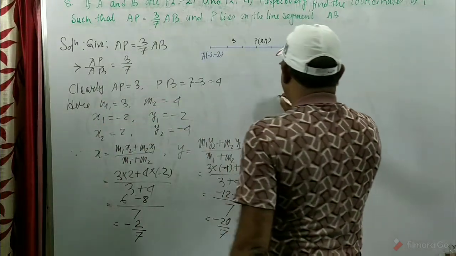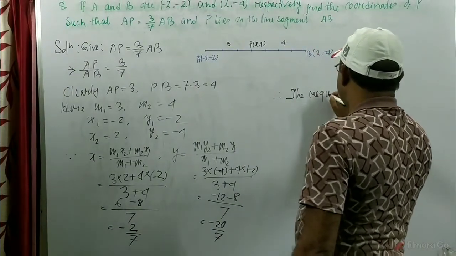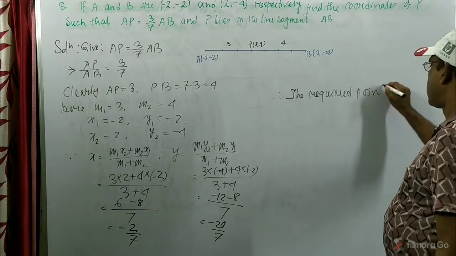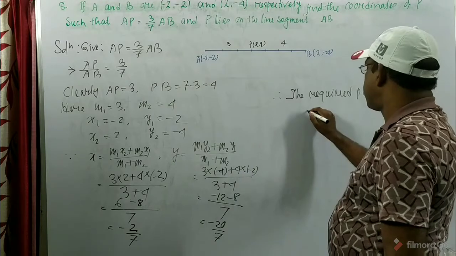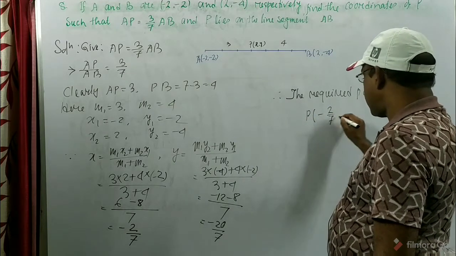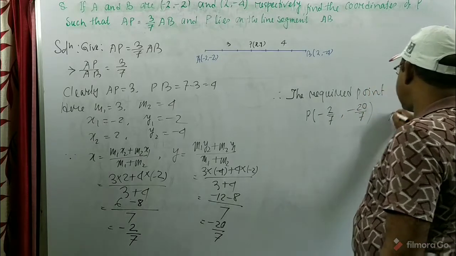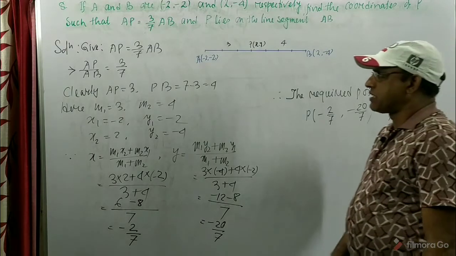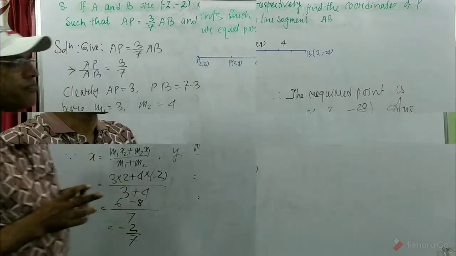Therefore the required point is P minus 2 by 7, minus 20 by 7, and this is our answer. This is the final answer. So we get easily the point P.